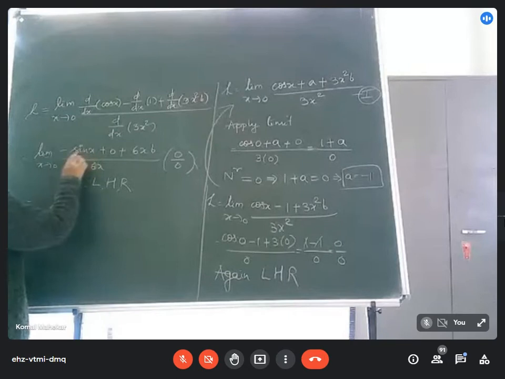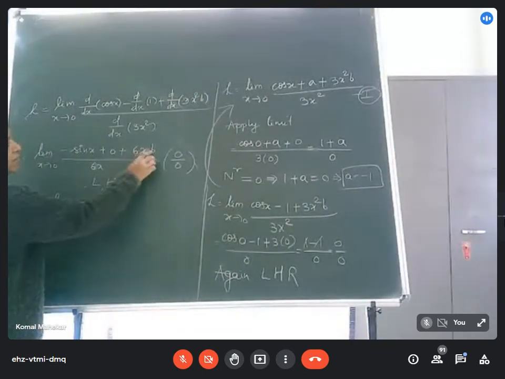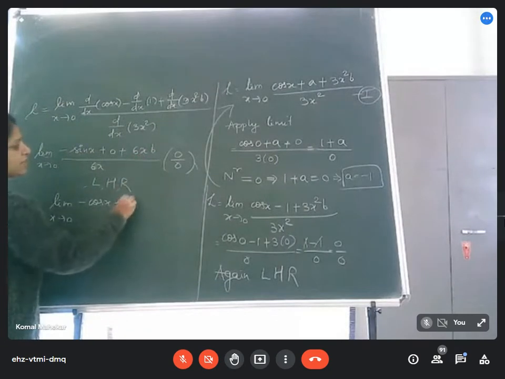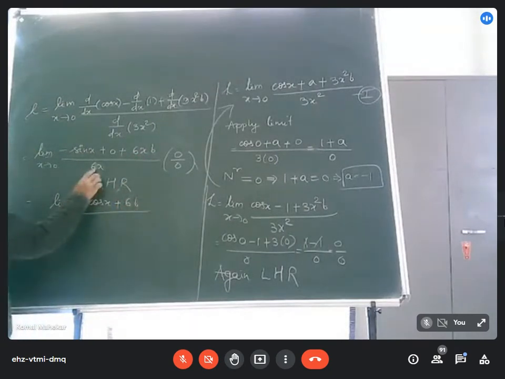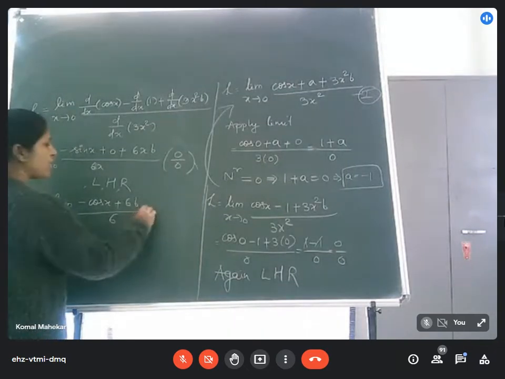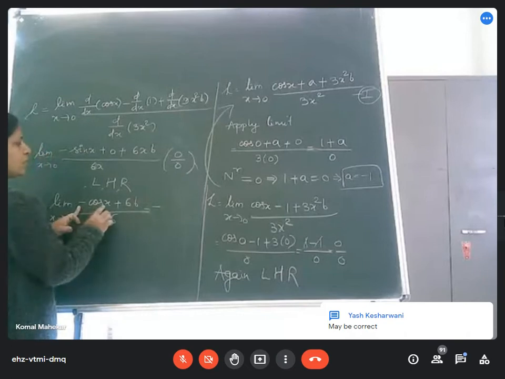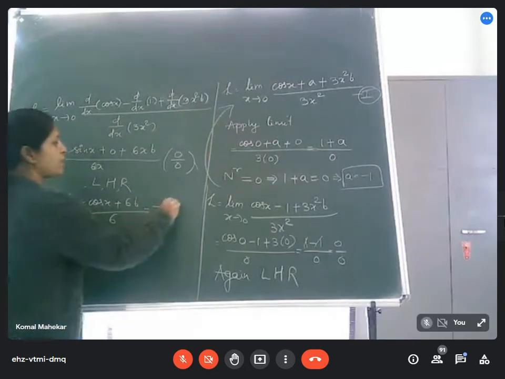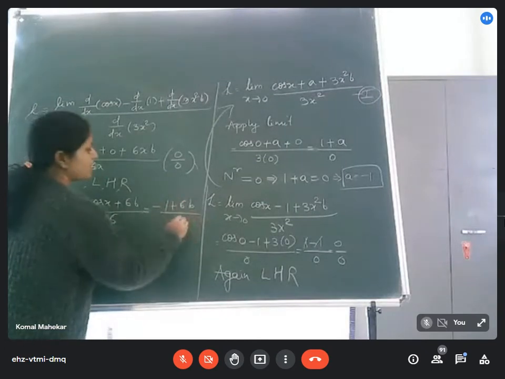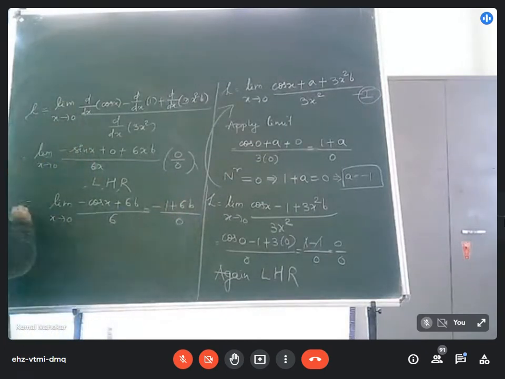The derivative of minus sin x is minus cos x, plus the derivative of 6x b is 6b, upon the derivative of 6x, which is 6. Now if you put x is equal to 0, this becomes minus cos 0, that is minus 1, plus 6b upon 6.